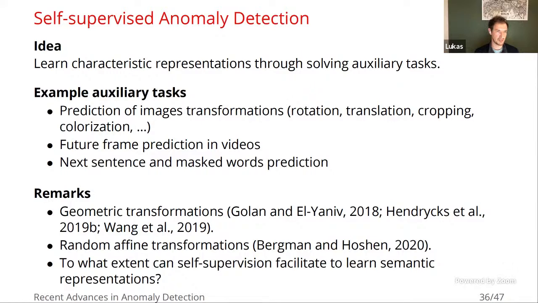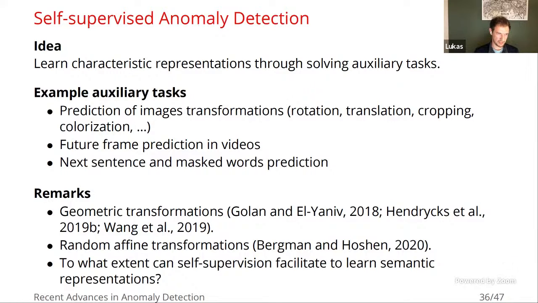And this is a line of research that is considered for representation learning in general, but there are some specific works looking into this for anomaly detection, because the appeal, of course, is self-supervision. Self-supervised models also learn in the absence of labels, which makes them especially interesting for anomaly detection.